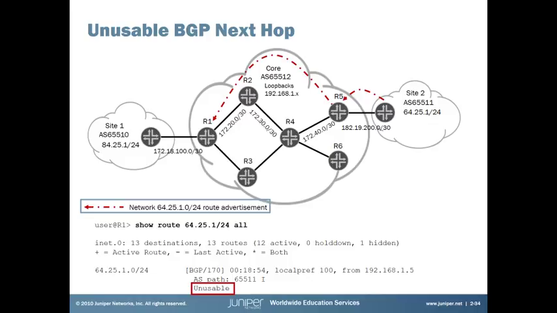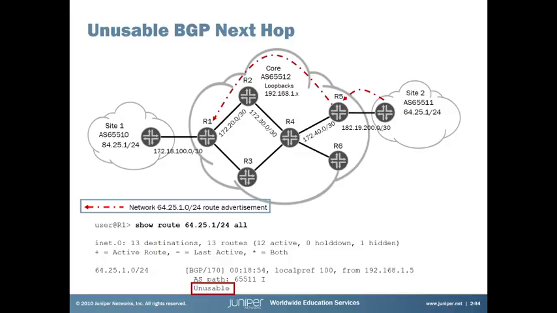Then, if we take a look at R1, we find that R1 has a route to site 2, which is the 64.25.1/24 network. It has a route which it has received via BGP, but that route is marked as unusable.